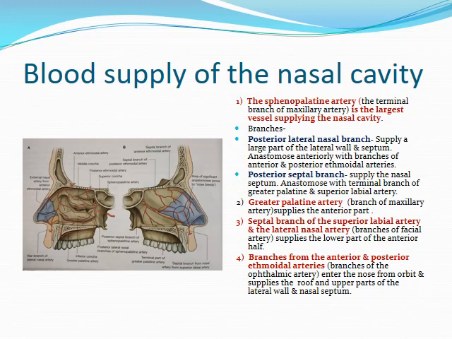And branches also come from the anterior and posterior ethmoidal arteries, which are branches of the ophthalmic artery, and they enter the nose from the orbit and supply the roof and upper part of the lateral wall and the nasal septum.